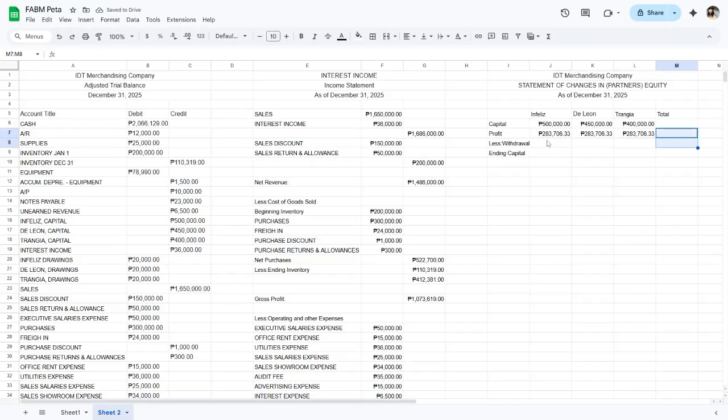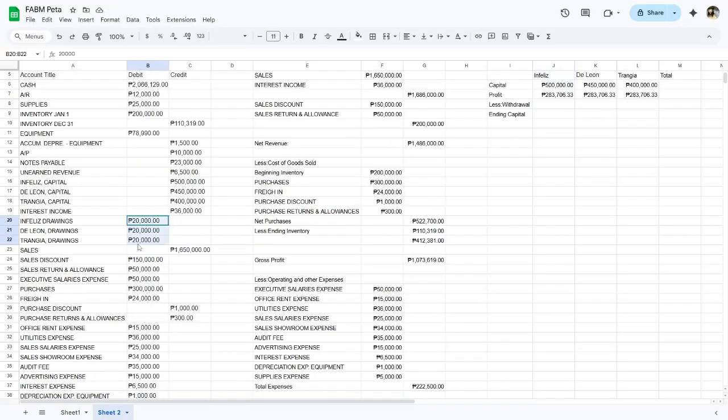After that, we subtract our withdrawal. We less the withdrawal; they all have 20k. So let's simply put an equal sign, E20 equals E21, E22.